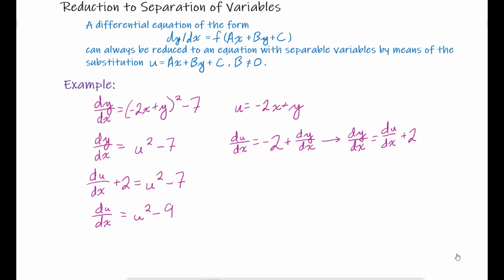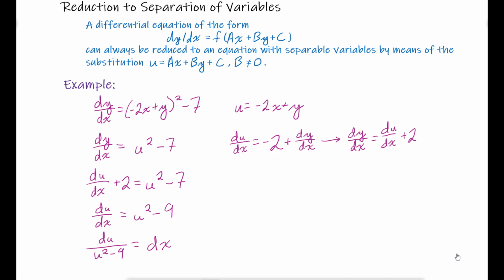Now, u squared minus 9 equals u plus 3, u minus 3. And so this hopefully looks like it's really asking for separation of variables and some partial fractions to be used. So to separate our variables, we would multiply by dx and divide by u squared minus 9. So we would have du over u squared minus 9 equals dx.